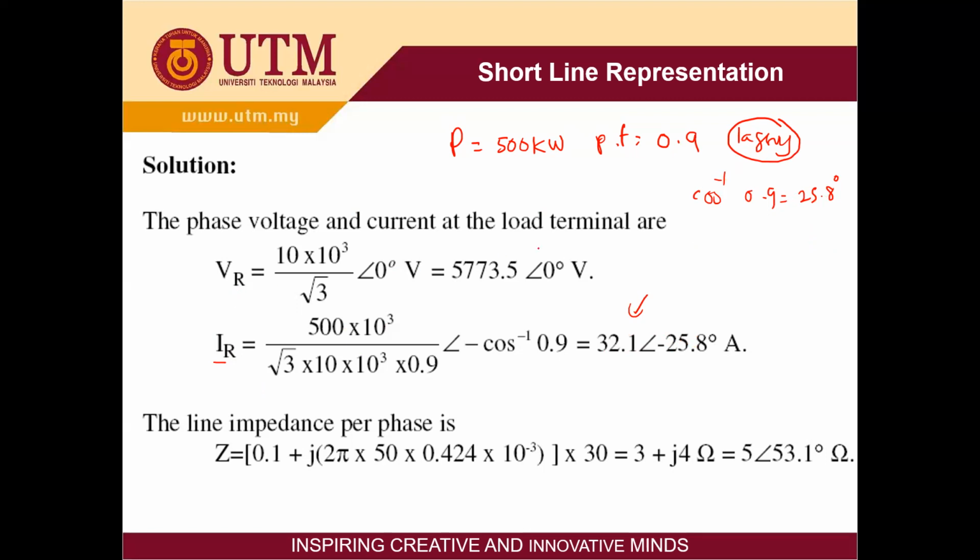Since the voltage is at 0, the current should be lagging the voltage by negative 25.8 degrees. And as mentioned before, this is your Z total, which is 3 plus j4. You will have this value.